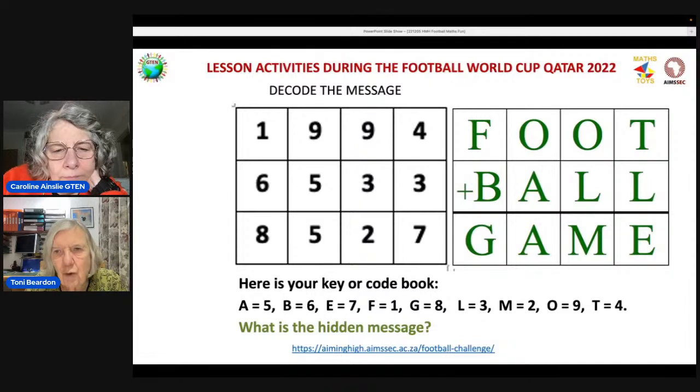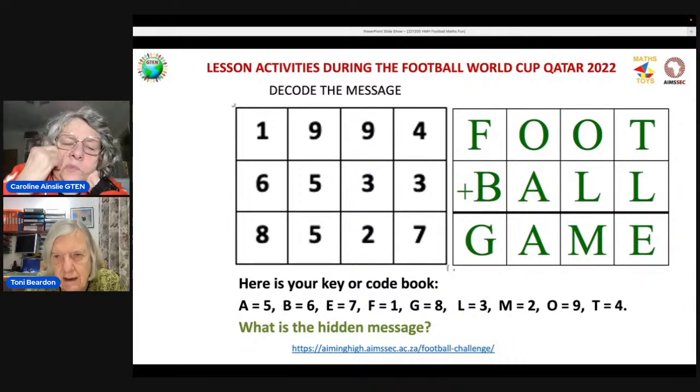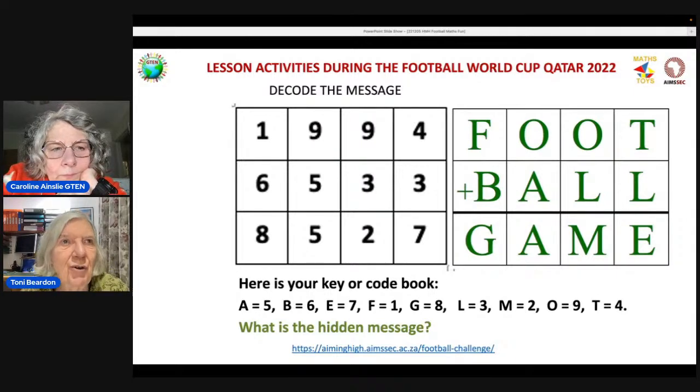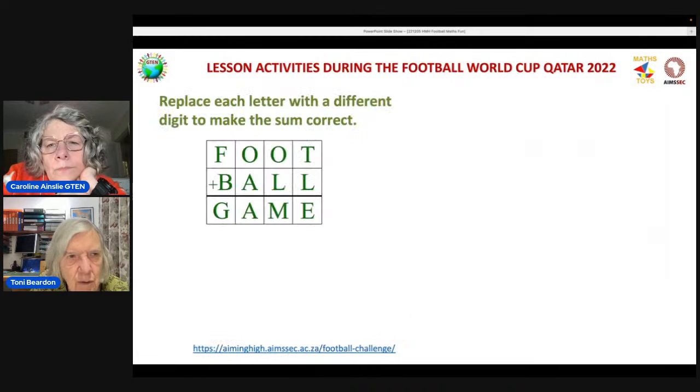The letters in foot plus ball equals game can be replaced by those numbers, and the arithmetic is correct. There's a lot of interest in codes and secret codes, and of course this is a very easy code, but yes, that's a little exercise your class could do.